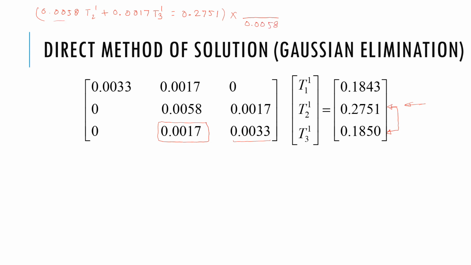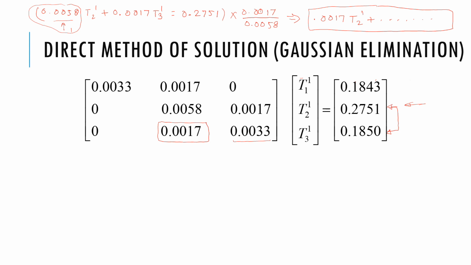So this will give me 1 here, and then I multiply by 0.0017. So I'll get 0.0017 here. And so this will give me 0.0017 T21 plus other things. We don't need to do all of them in the video here.